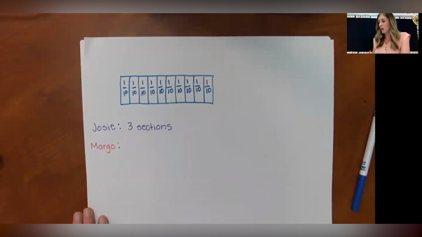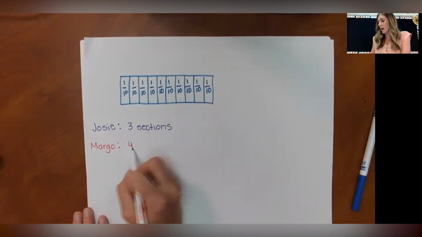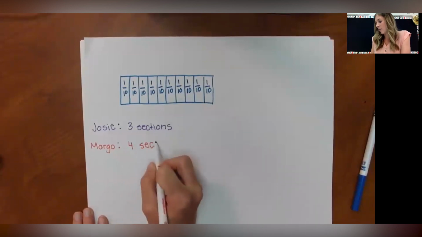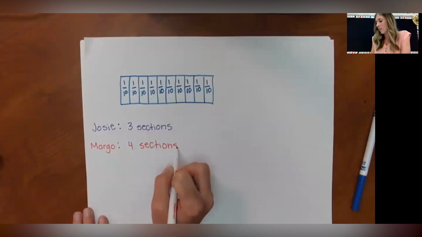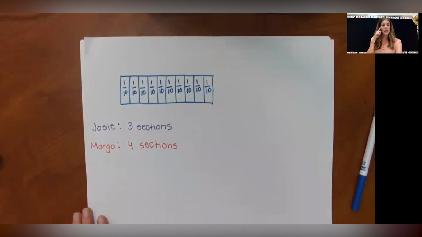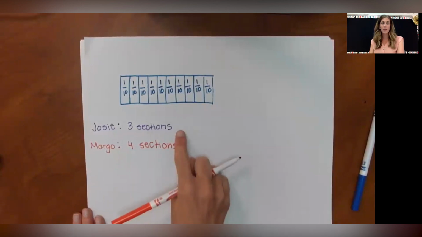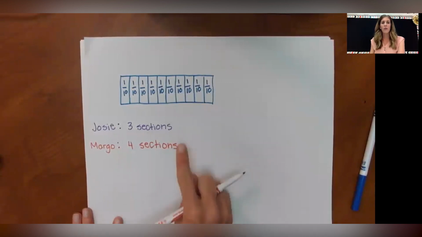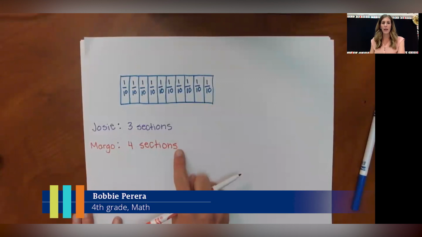And she wants to paint 4 sections of the fence. So think in your brain, what fraction of the whole fence did Josie paint? What fraction of the whole fence did Margot paint?